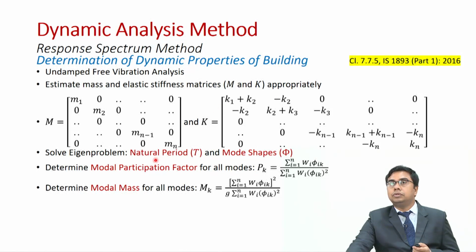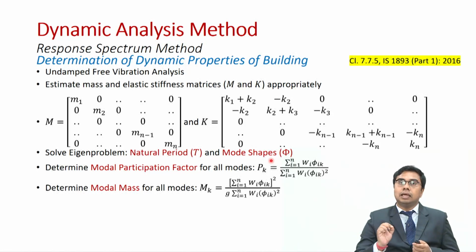In that case we shall be able to obtain 10 values of natural period, and for each natural period we will get a mode shape which precisely describes how the building is going to oscillate in that natural period, or when the excitation frequency matches that very natural frequency of the system.